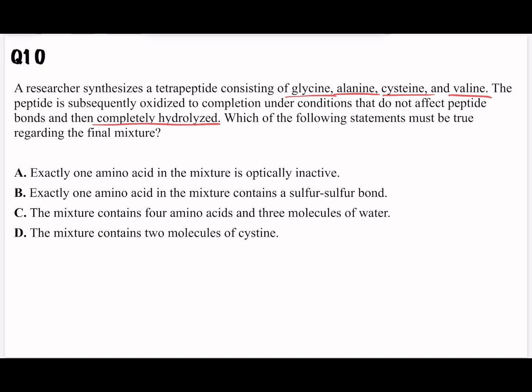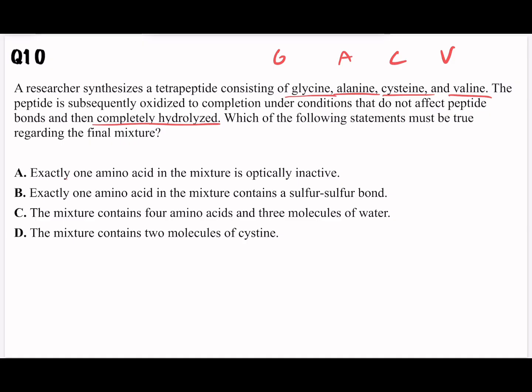So basically what the researcher is doing here is they're starting with a tetrapeptide consisting of glycine, alanine, cysteine, and valine. They're doing some sort of oxidation to the tetrapeptide, and then they're completely hydrolyzing it into its components of glycine, alanine, cysteine, and valine. So now we just have those 4 amino acids floating around.